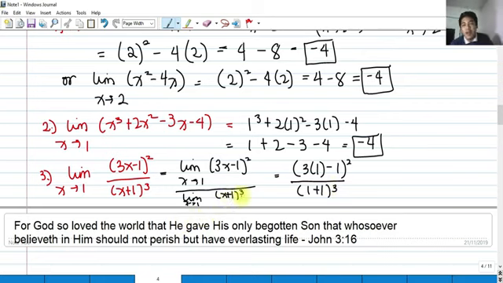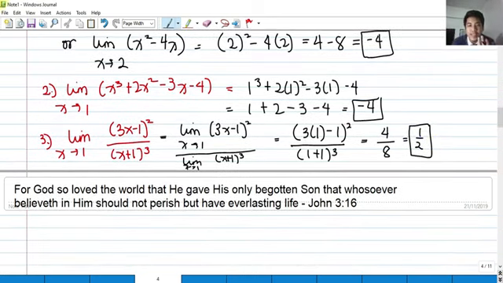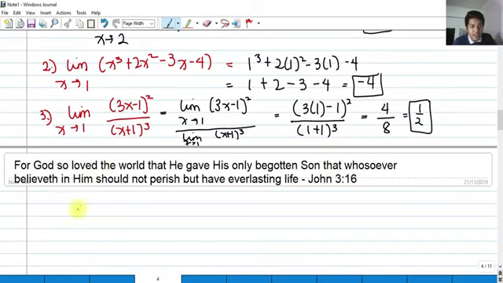Since this is a polynomial, we have 3 minus 1 is 2, squared, that is 4, over 1 plus 1 is 2, raised to 3 is 8, so that is 1/2 in its lowest terms. Again, I didn't show you the whole process of the properties, because if we evaluate it, it is still the same. If you don't believe me, let's try again.